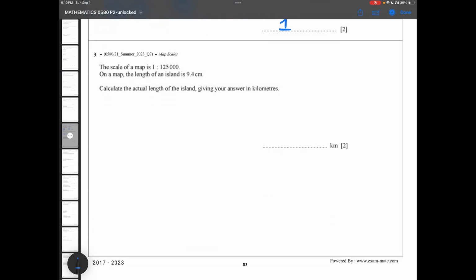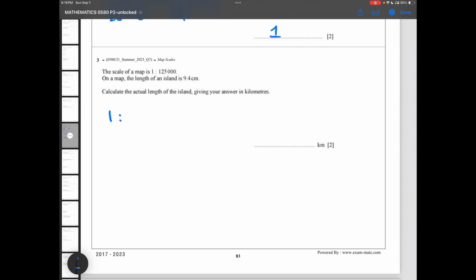The third question says the scale of a map is 1:125,000. On a map, the length of an island is 9.4 centimeters. Calculate the actual length of the island, giving your answer in kilometers. So the ratio is 1:125,000.